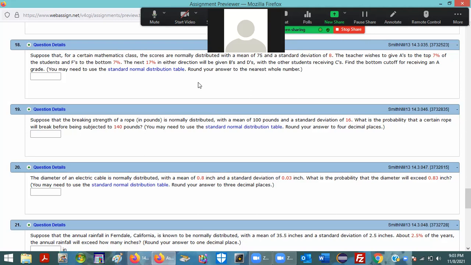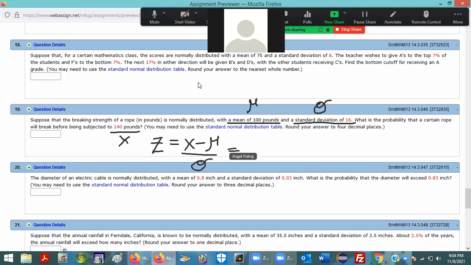So we have an X value, a mean value, and a standard deviation. The z-score for this, x minus mu divided by sigma, is 140 take away 100, divide by 16.